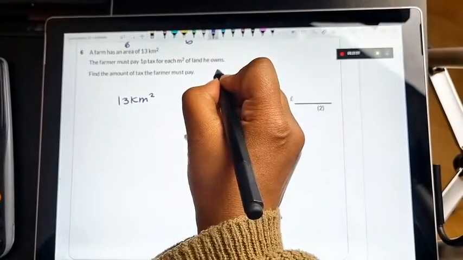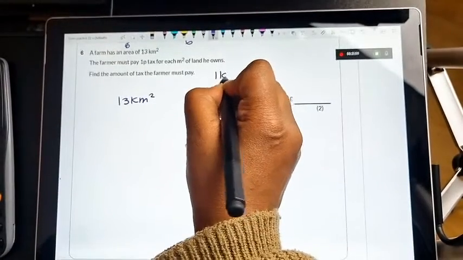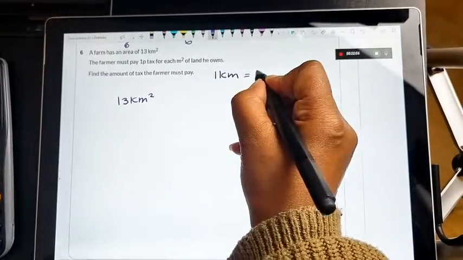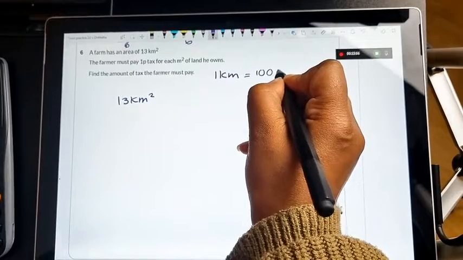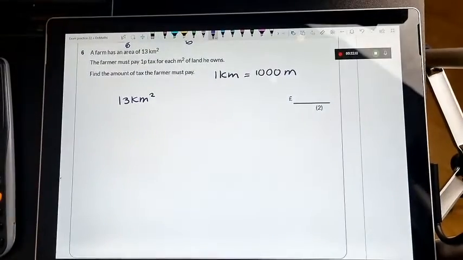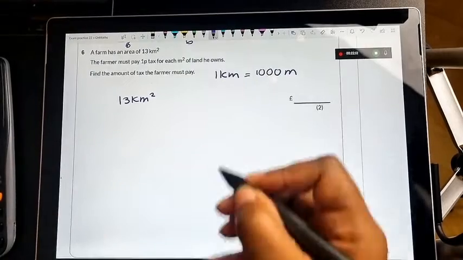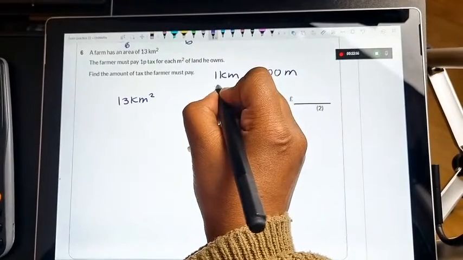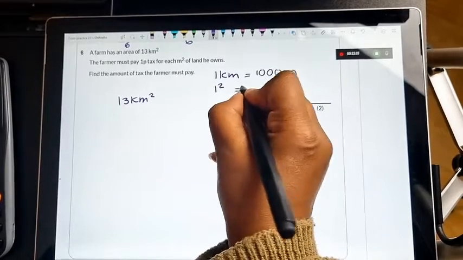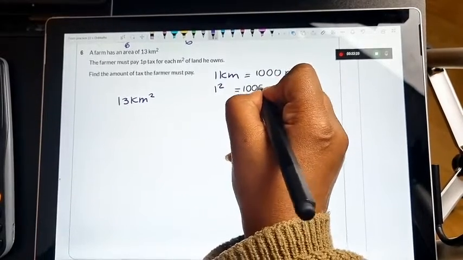So the units, we know that 1 kilometer, if it is a straight line, is equal to 1,000 meters. But if we have 1 kilometer squared, and this is the important part, guys, 1 kilometer squared is equal to 1,000 squared.